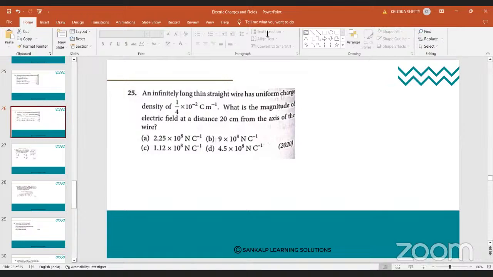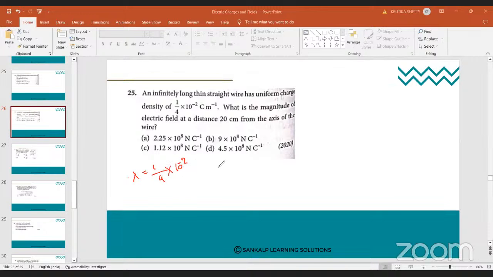Okay. So the next question is, an infinitely long thin straight wire has uniform charge density of 1 by 4 into 10 raised to minus 2. So the charge density value is given for the infinitely long straight conductor: lambda is equal to 1 by 4 into 10 raised to minus 2.